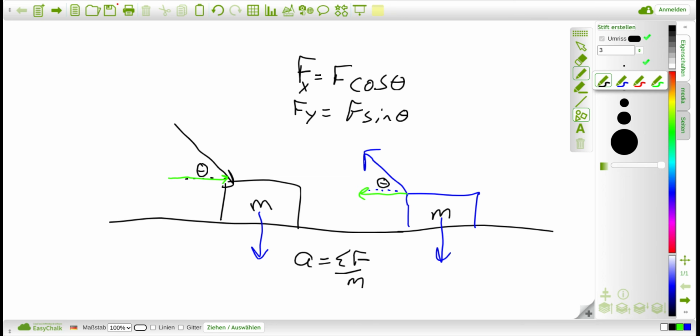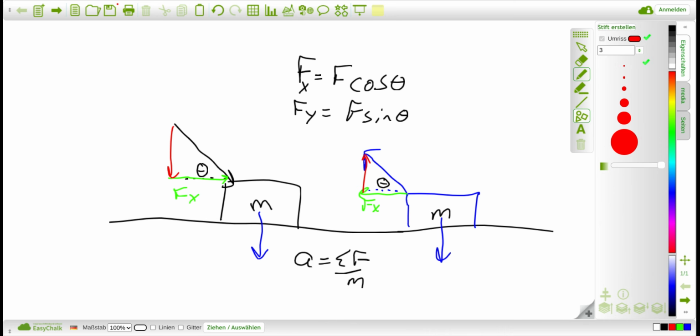So what's in green is the x-ward force, and what is in red that I'm going to draw now is the y-ward force. Again, if there's no friction, the y-ward force really doesn't even matter here.